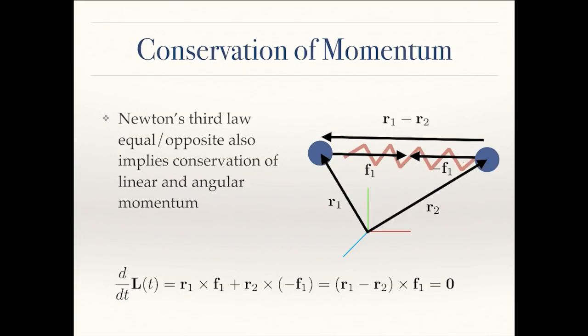And the angular momentum associated with minus F1 is going to be R2 cross minus F1. So if we just pull out the F1, we have (R1 minus R2) cross F1, and that's going to be 0 as long as F1 is in the direction of the line connecting the two particles. So that cross product is going to be 0 because the sine of the angle between those vectors is 0. Okay.